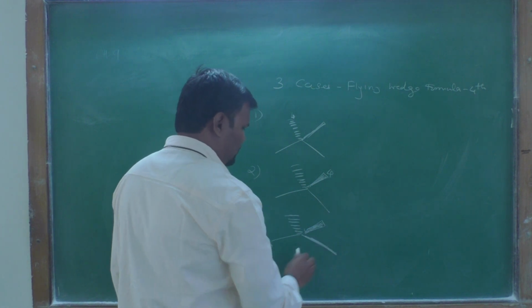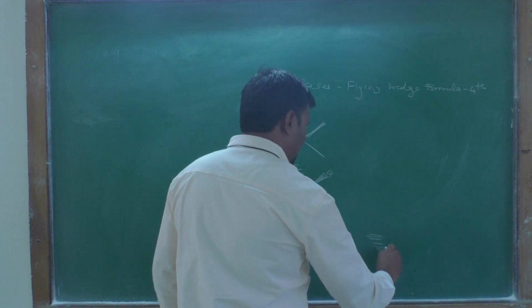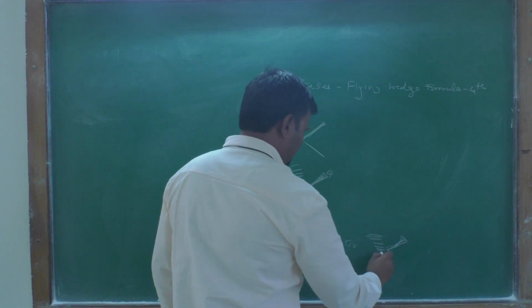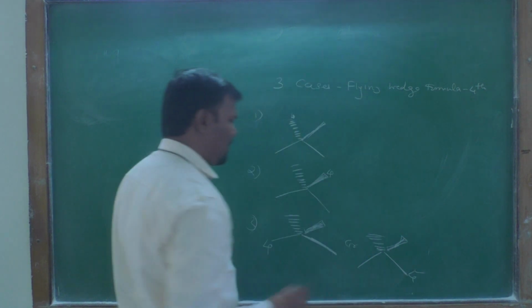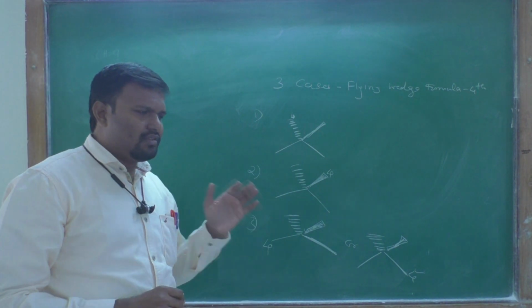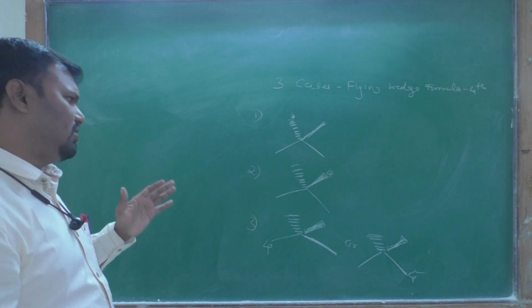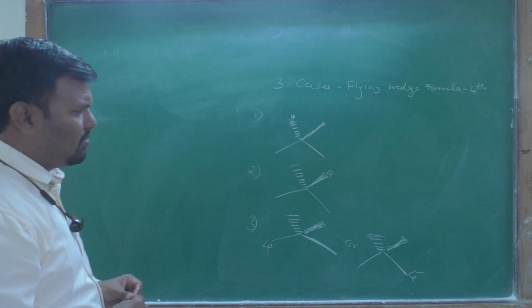Okay, these bonds are present in the plane, or another way you can show it like that. Like that, three ways you can represent the fourth priority group in a wedge formula. Let us see some examples.